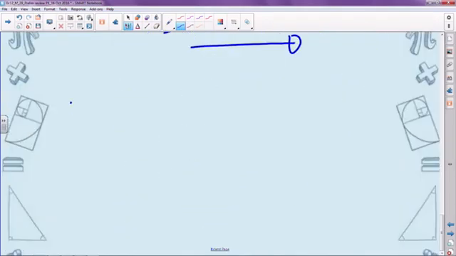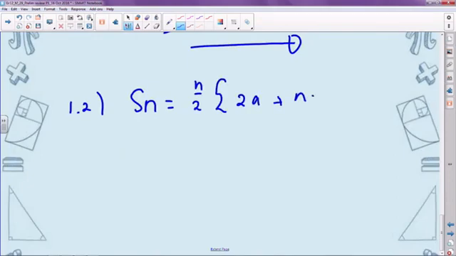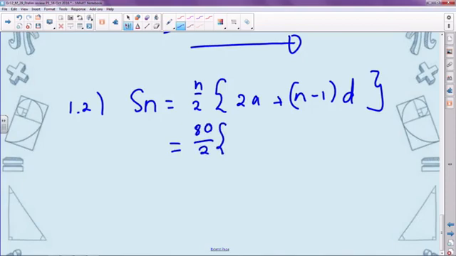Okay, so this is now 1.2. So I'm going to do the following. I know that for an arithmetic sequence, Sn is equal to n over 2 into 2a plus n minus 1 times d. Okay, remember your sequence is just the terms in row 80. So n itself is going to be 80 over 2 because we're looking for the sum of 80 terms.